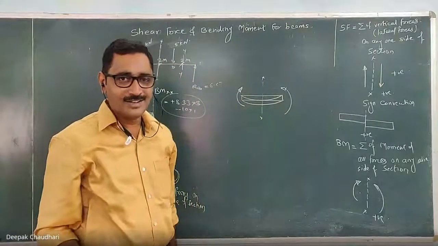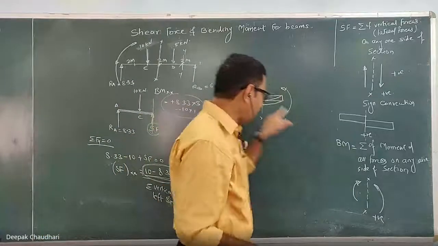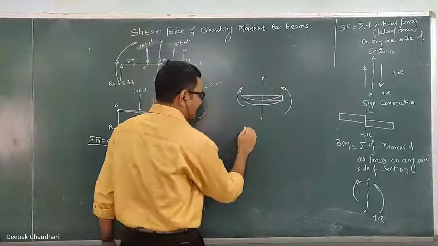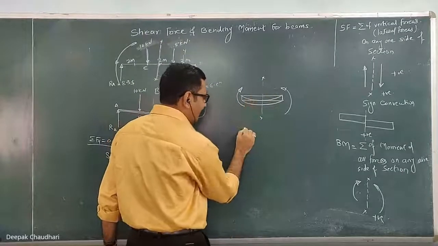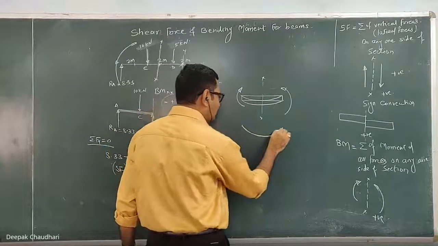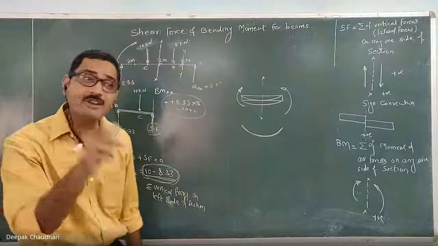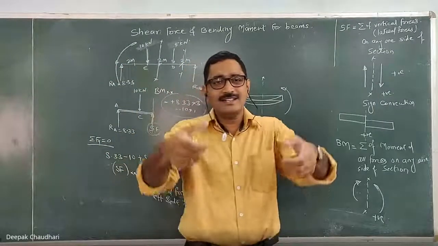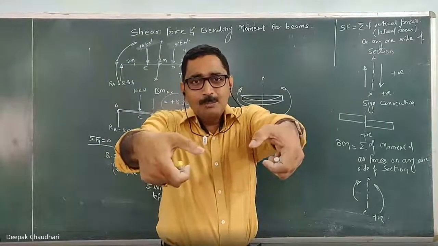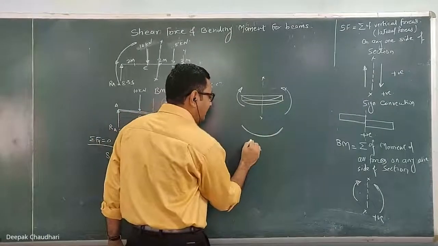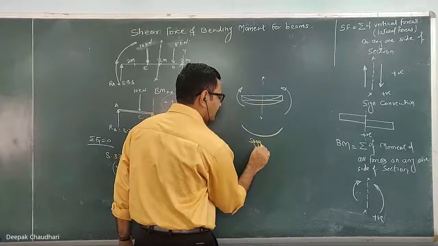Okay, understood? So it is a little bit confusing, this sign convention. That's why I'm going to tell you this. Listen carefully, if the tendency of the moment is to turn the beam concave upward, अगर ये bending moment produced by the forces, if a tendency is to bend the beam concave upward, such type of bending moment is known as a sagging bending moment. इसको क्या बोलते हैं?